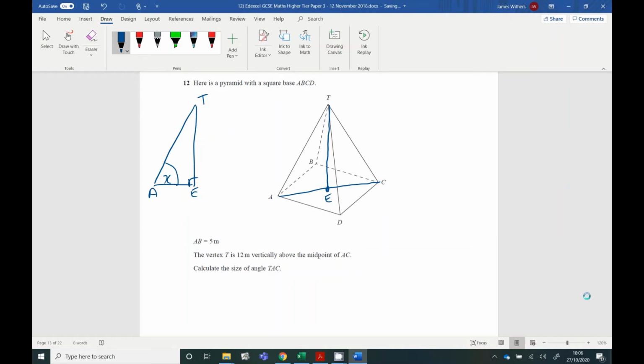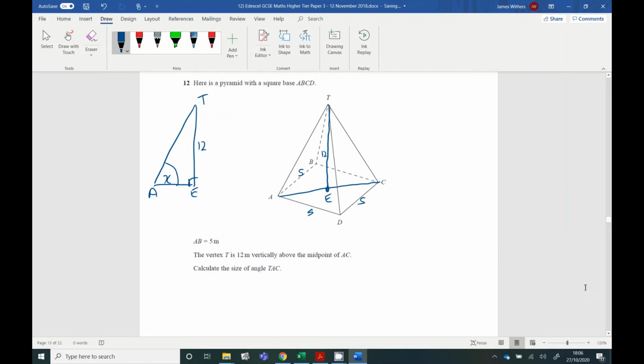Now we're being told that AB equals 5. So let's get that onto our diagram, we'll need that in a minute. And we're told that the vertex T is 12 meters vertically above the midpoint, so TE is 12 meters.